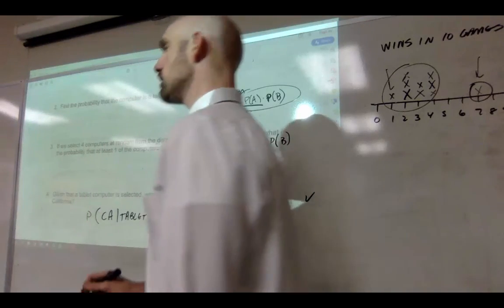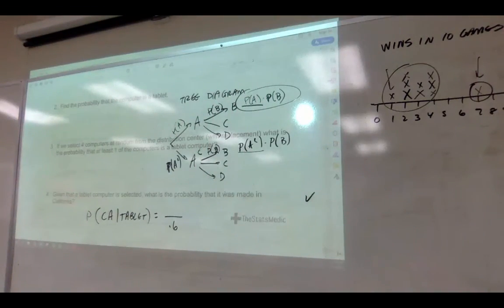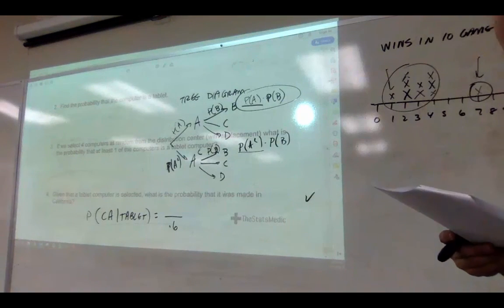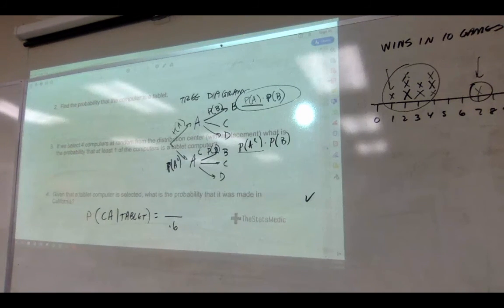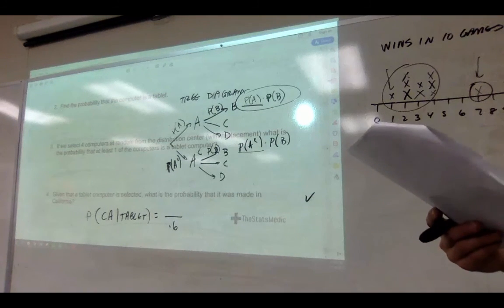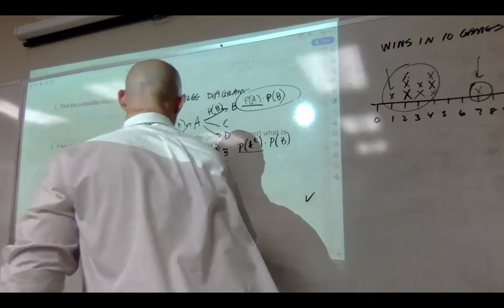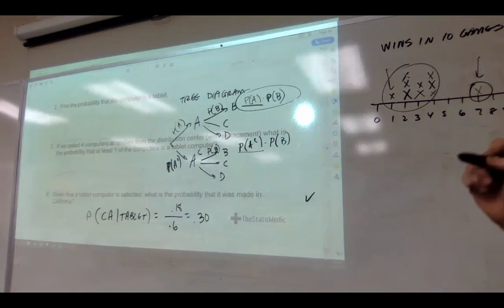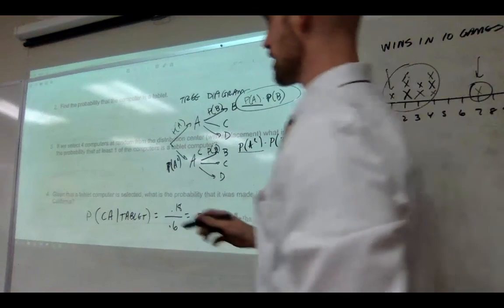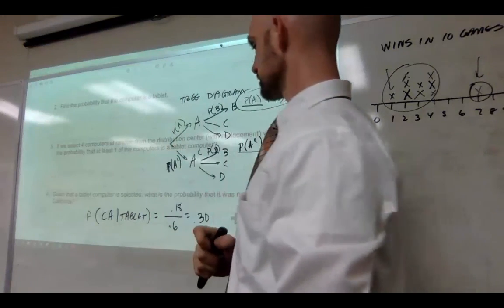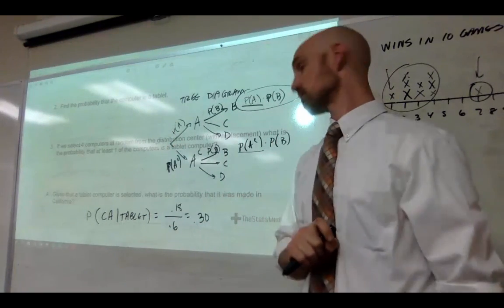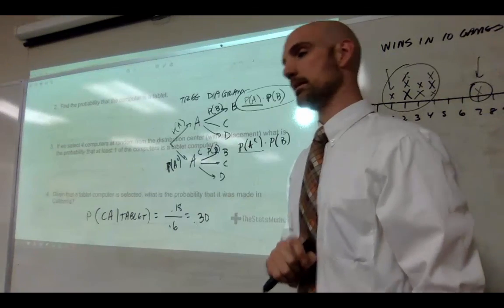And then what's our percentage of California tablets? 0.18. Wait, that's not right. Is it the answer? Yep. 6 times 18 is, it'd be 10 times 18, so it'd be 180 over 6. Oh, it's over. Okay. Yep.